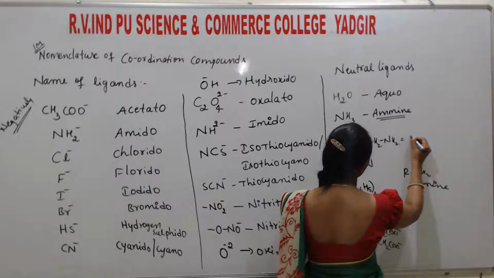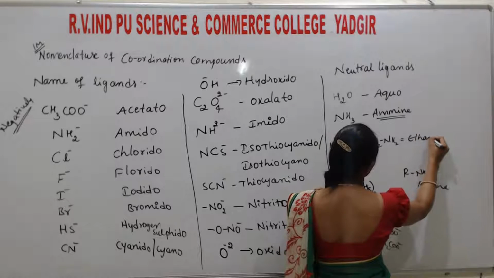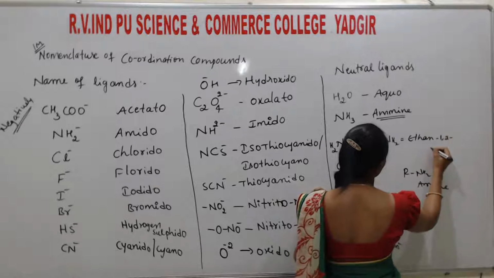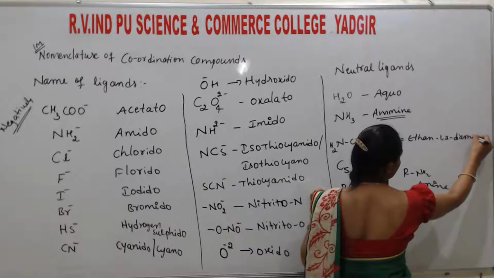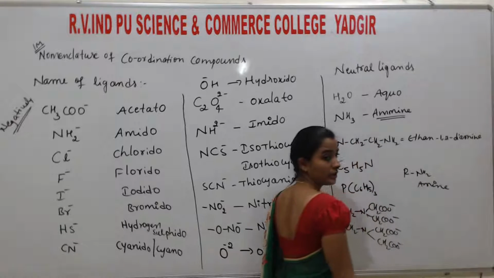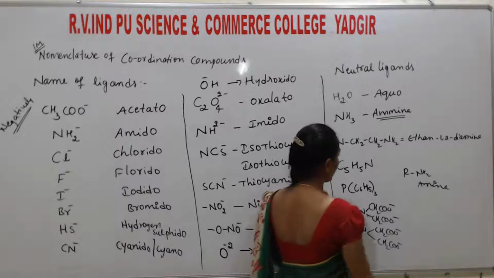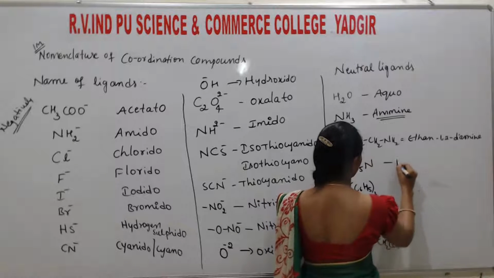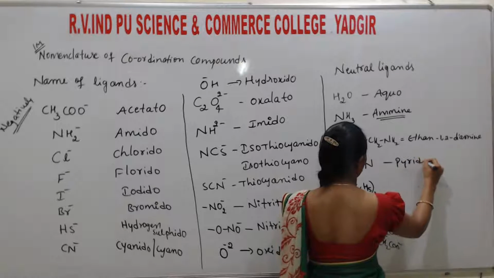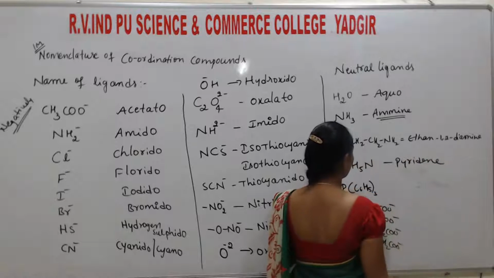Ammine. This one is ethylene diamine, or ethane-1,2-diamine. Next, this one is pyridine.